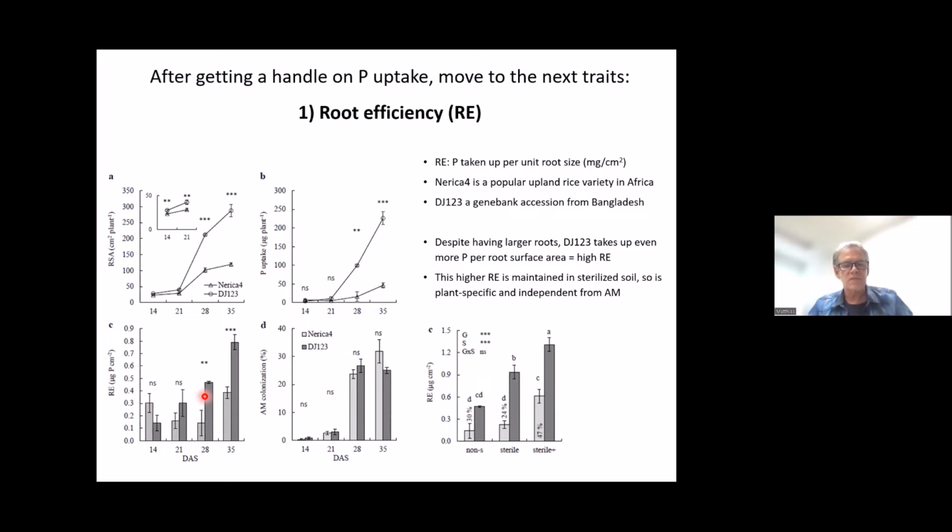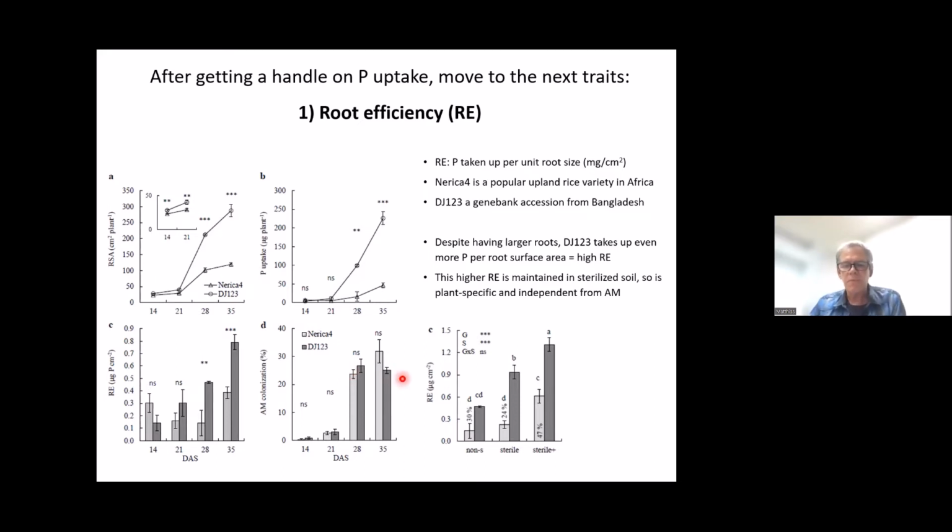To see if this is linked to associations with mycorrhiza, for example, we looked at the colonization rate. There was no difference. We looked at the expression of OsPT11, a phosphate transporter that is switched on specifically when the symbiosis with mycorrhiza is active. There's no difference there.